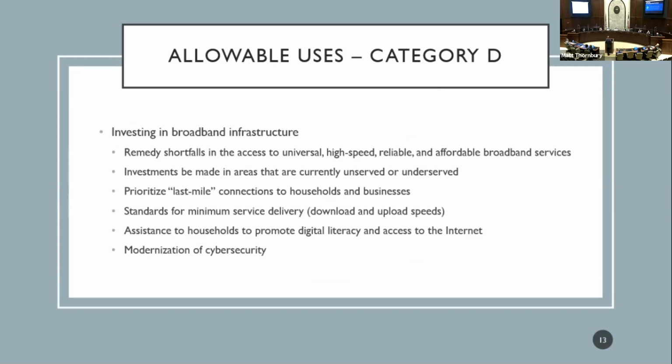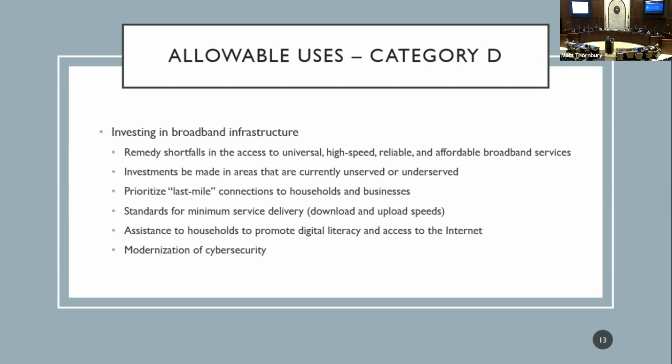Investing in broadband, again, the intent is to remedy shortfalls in access to universal, high-speed, reliable, and affordable broadband services, that's directly out of the interim final rule. They want to make sure that the additional services that are provided by this broadband go to unserved or underserved communities.